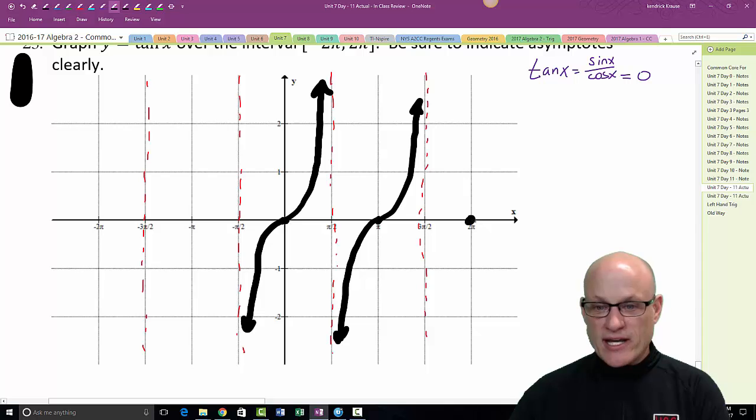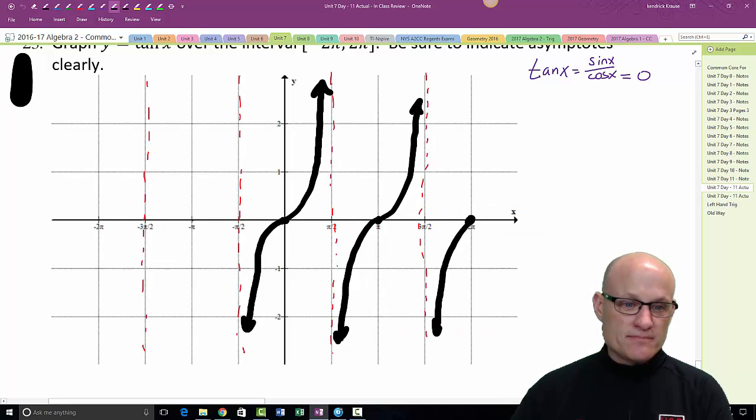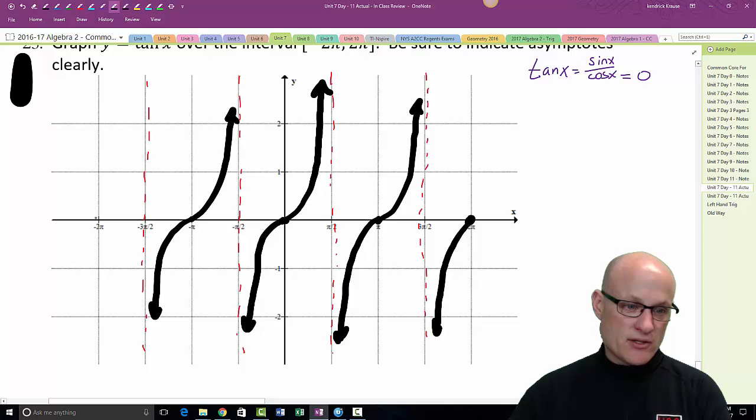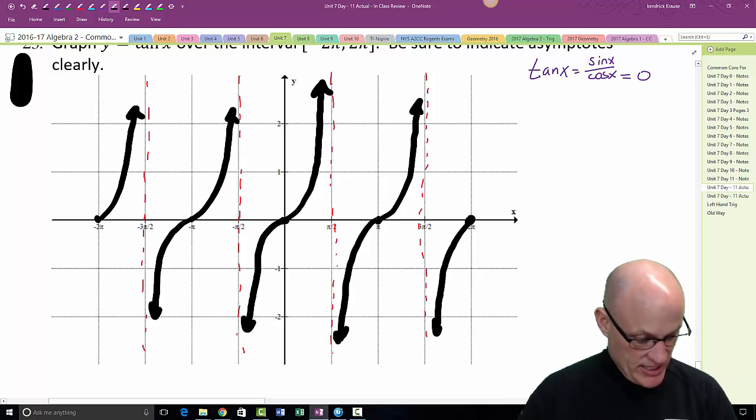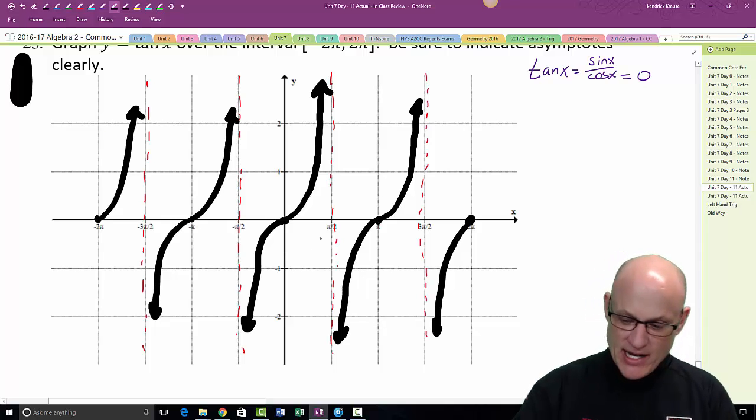Now, I can't go to the right because I only want to go between 0 and 2 pi, so I can only go this way. And then I'll start here and go again here and down here. Start here and go up that way. And there is tangent of x over the interval from negative 2 pi to 2 pi. And I believe we're done.